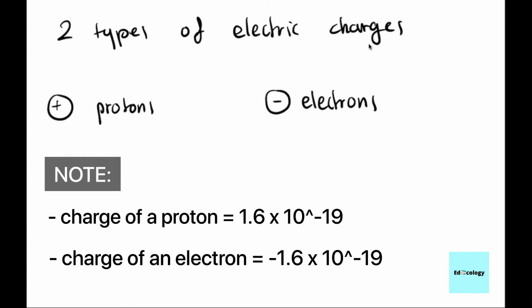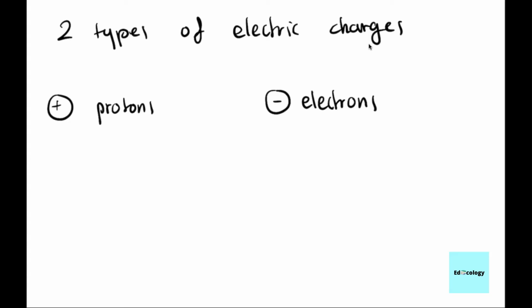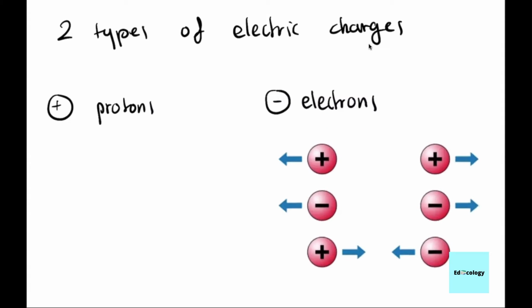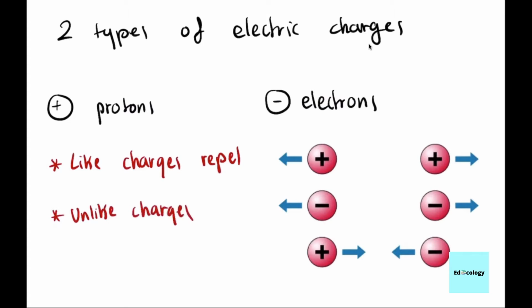And you have to also know that when a proton and an electron come in contact, there is attraction. But when a proton and a proton come in contact, there is repulsion, as well as when an electron and an electron come in contact, which means that basically, like charges repel, however, unlike charges attract.